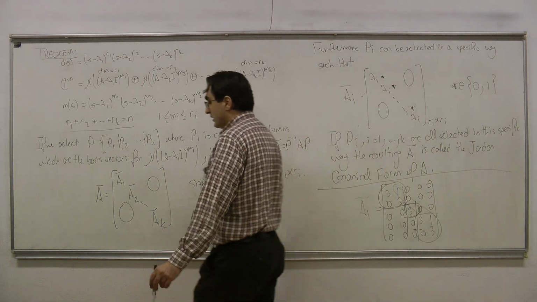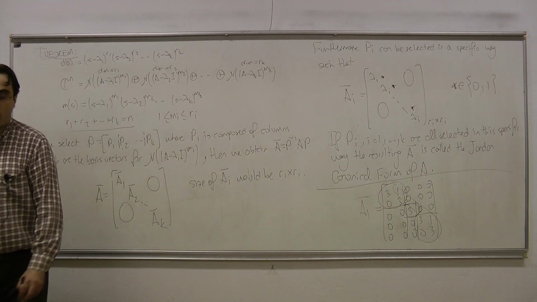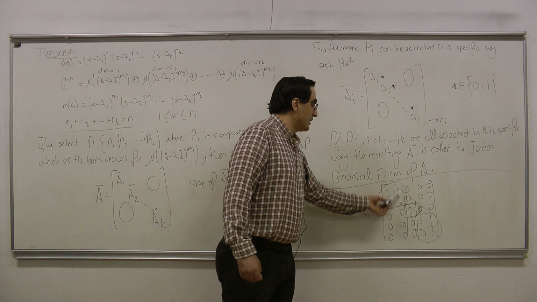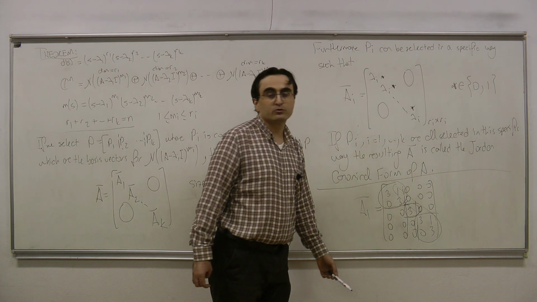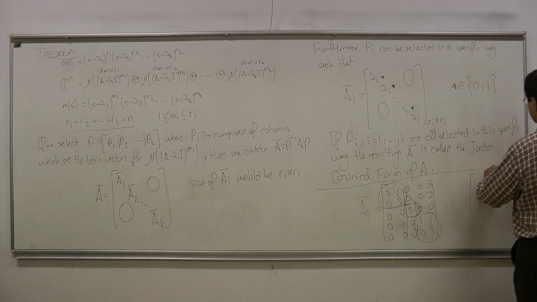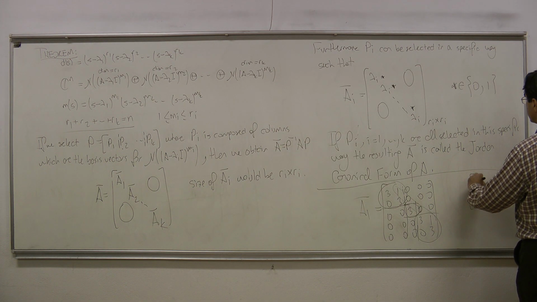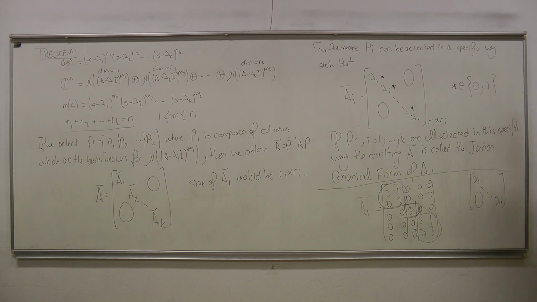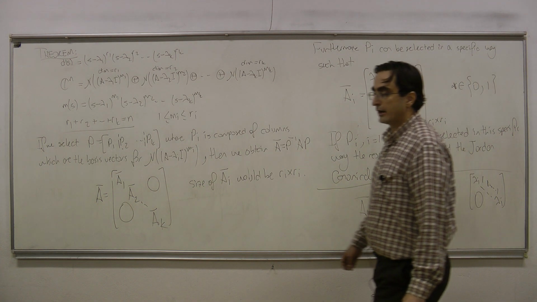Because these A_i bars are forming the Jordan canonical form, then sub-blocks of A1 bar would be called Jordan blocks. And a Jordan block would be in the following form. It has lambda i's in all of the main diagonal elements. Below the main diagonal I would have zeros, and I would have always ones, one above the main diagonal. Okay? This is what a Jordan block would look like.